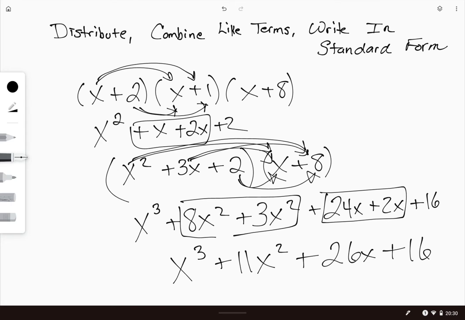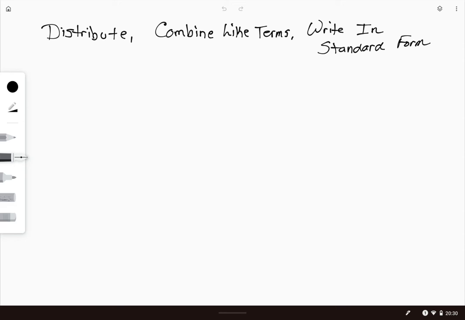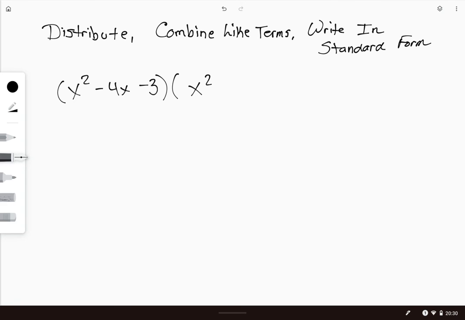All right, and then we will do one last one where we're going to multiply a trinomial by a trinomial. So I've got x squared minus 4x minus 3 times x squared plus 5x plus 6.